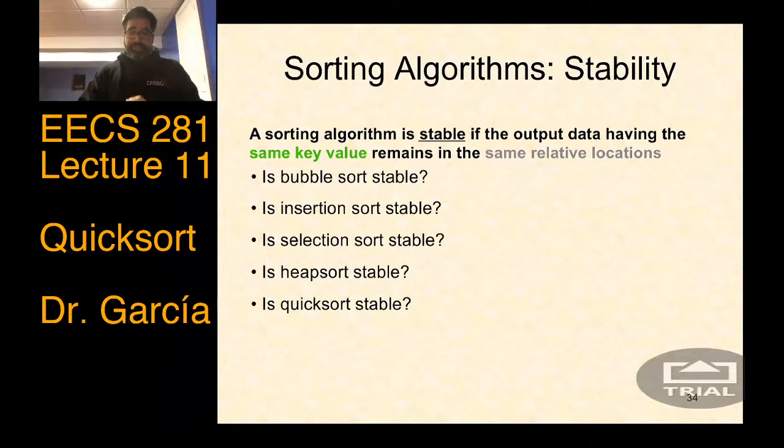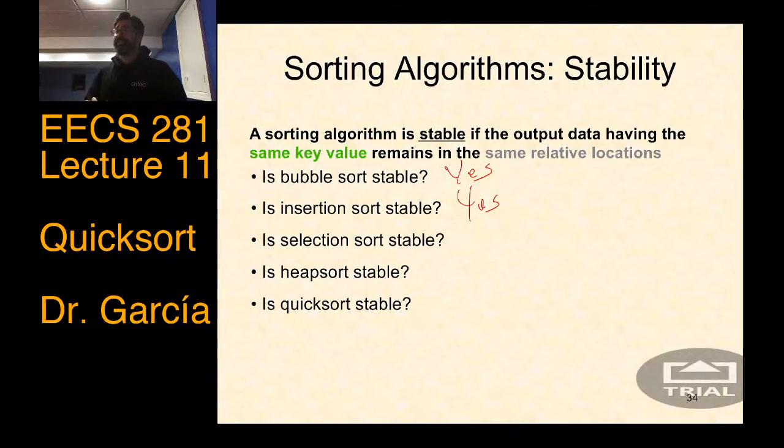If you go back to the code, it's based on swaps. So if the key was to the right of the current key, and they're the same, then you just don't swap. So they stay in the same relative order, okay? Insertion sort, if you go back, you'll also see that it is stable.